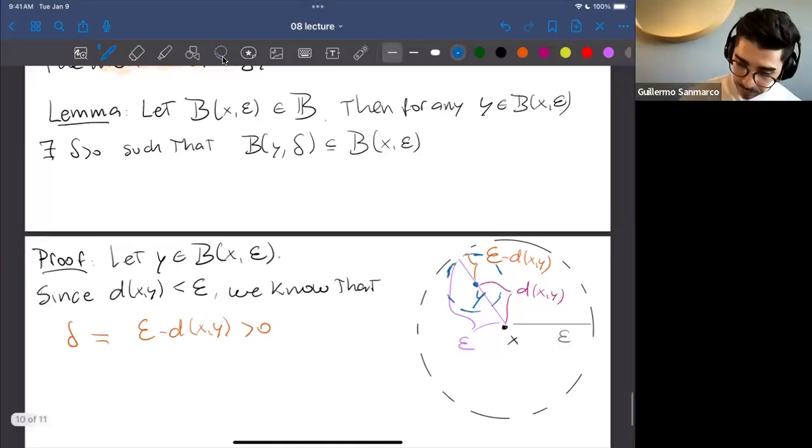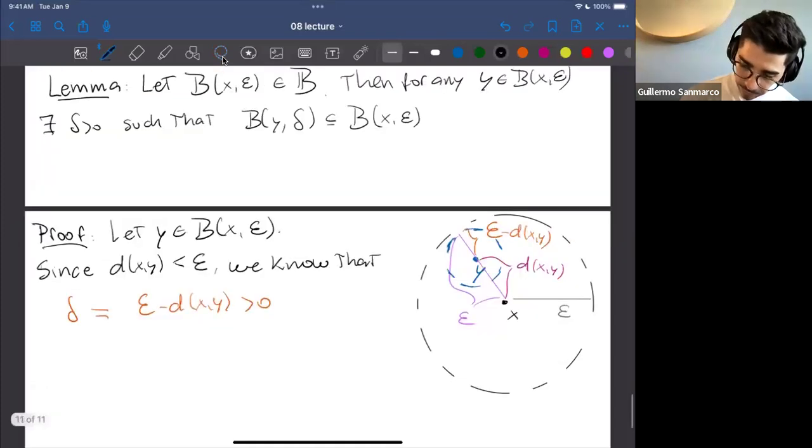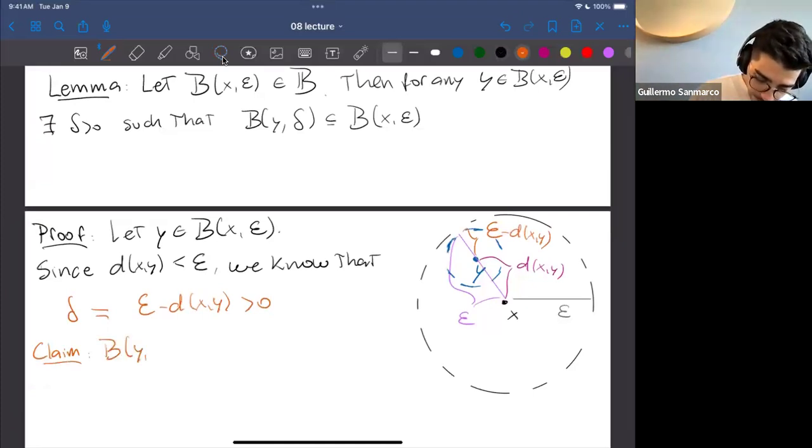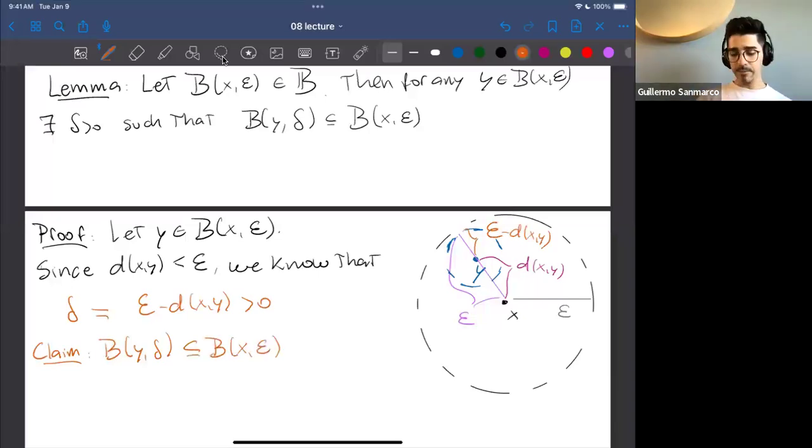So now we want to prove that, it's not for free. We want to claim that for that delta, the ball centered at y, radius delta, is a subset of the ball centered at x, radius epsilon. We want to prove this claim. So how do we prove this? Well, element chasing. Let's take some arbitrary element z in the ball B(y, delta). I want to show that it's at a distance less than epsilon from x.